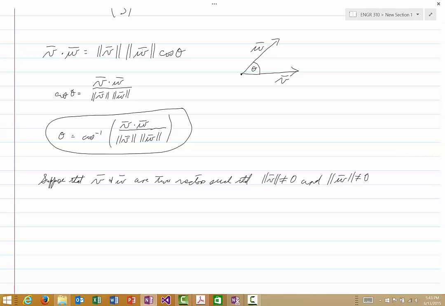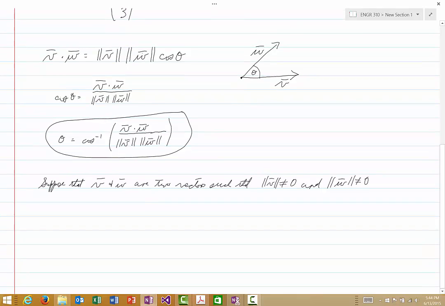If we're in a real vector space, then this simply means any vector that is a non-zero vector. Now, in a complex vector space, you can have vectors that have a norm equal to 0, even though they're not the zero vector. So you have to give a little more thought to those situations. But in a real vector space, like, for instance, Rn, the only way that the norm of a vector can be 0 is if it's the zero vector itself.